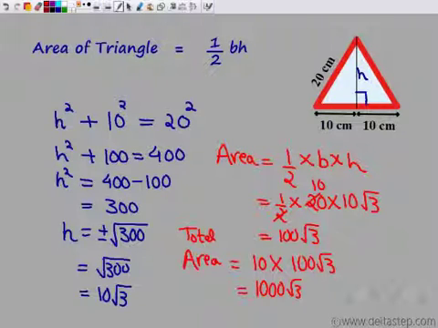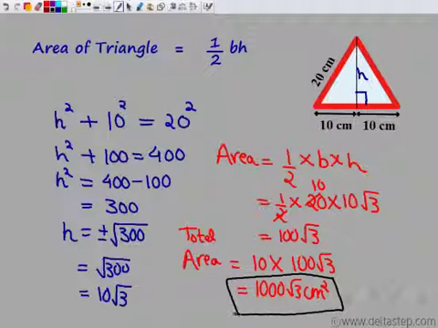Since it's in centimeters, it is centimeter square. So this is finally the total area that he needs. This is the amount of chart paper that he needs. So we've seen that for a triangle, perimeter is given by the sum of the three sides, and area is given by half into base into height.